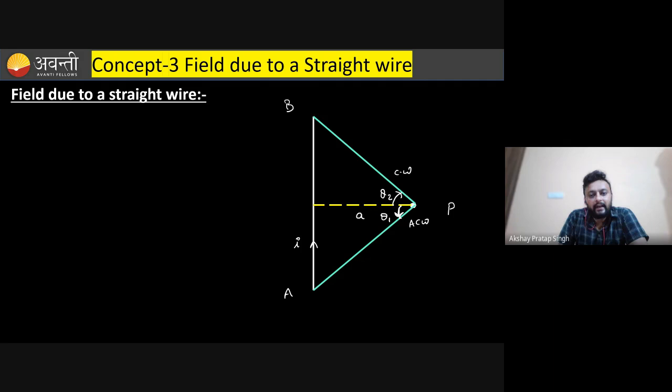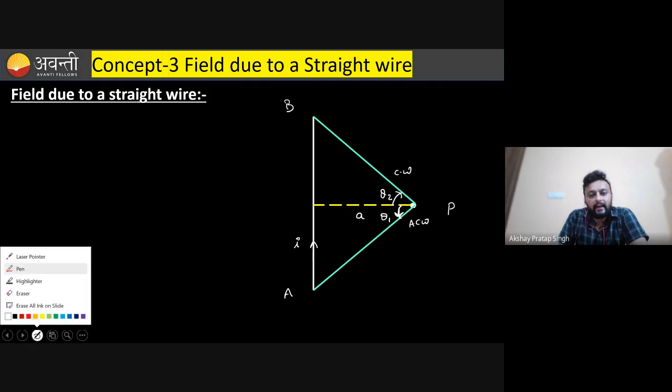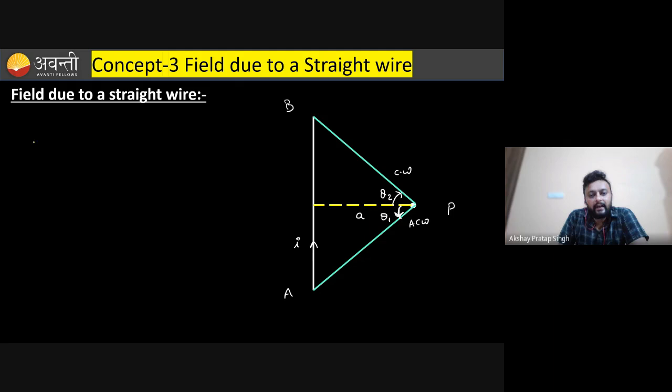I am not going to derive the relation. If I write this magnetic field, you need to write it down with your pen. B is equal to mu naught over 4 pi, I divided by A. Remember each and every term. A is not just the distance, A is the perpendicular distance of the point from the wire. Now, in the bracket, sine theta with the limits minus theta 1 to theta 2.